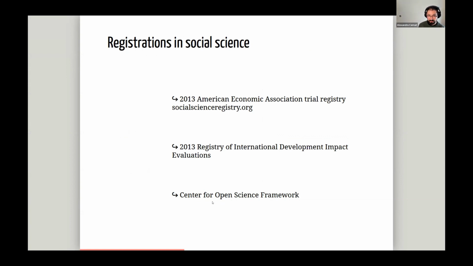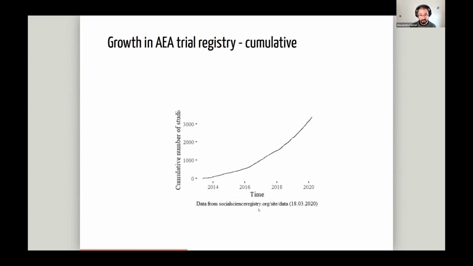And in the same period, the Open Science Framework was developed, which has a very big website and platform where people can register their studies and timestamp them and get DOIs and so on. So again, there are multiple platforms being developed to encourage people to do this registration and pre-analysis plans.